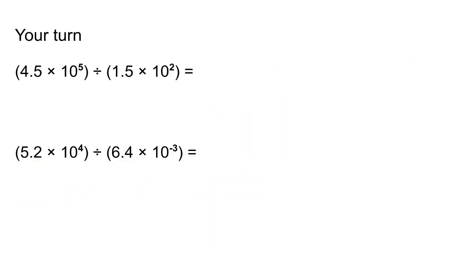Now it's your turn to practice. Pause the video and solve the problems. And when you found your answers, click play. First you have 4.5 times 10 to the 5th divided by 1.5 times 10 squared. So start by dividing the coefficients, 4.5 and 1.5.